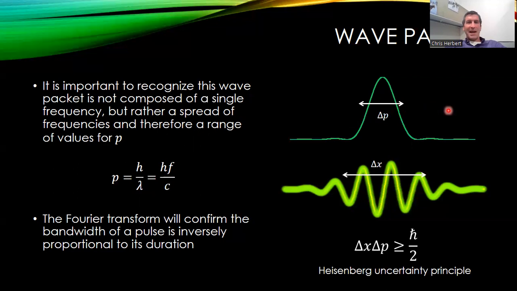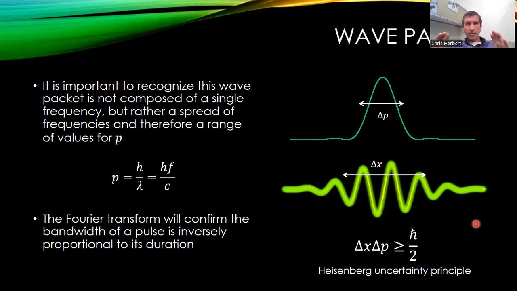An interesting thing happens if you know anything about Fourier transforms. If you try to make this little wave packet or this little pulse smaller and smaller, it requires a larger and larger bandwidth. And that's something that we actually see with very short pulsed laser beams.